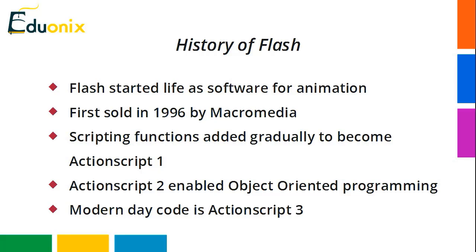Instead, I will be focusing purely on scripting. And the scripting language that I will be teaching you is the modern day form of the code, which is ActionScript 3. And you actually have to use ActionScript 3 for certain types of programming, such as mobile application programming, as this is incompatible with earlier versions of ActionScript.